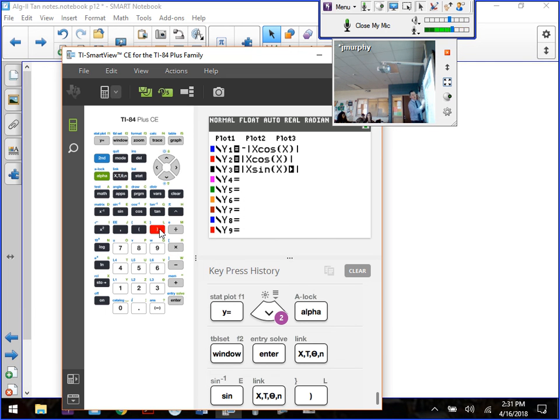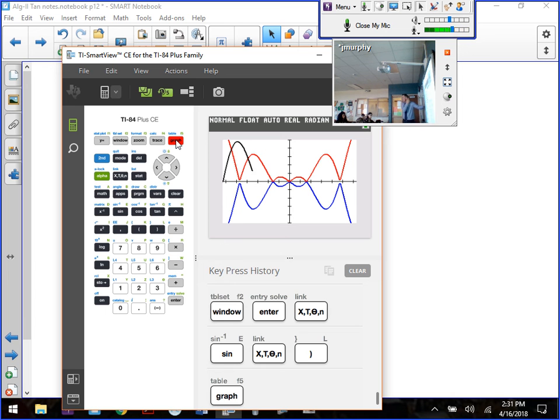Yeah, don't worry about anything on that worksheet that says cotangent. Don't do it.